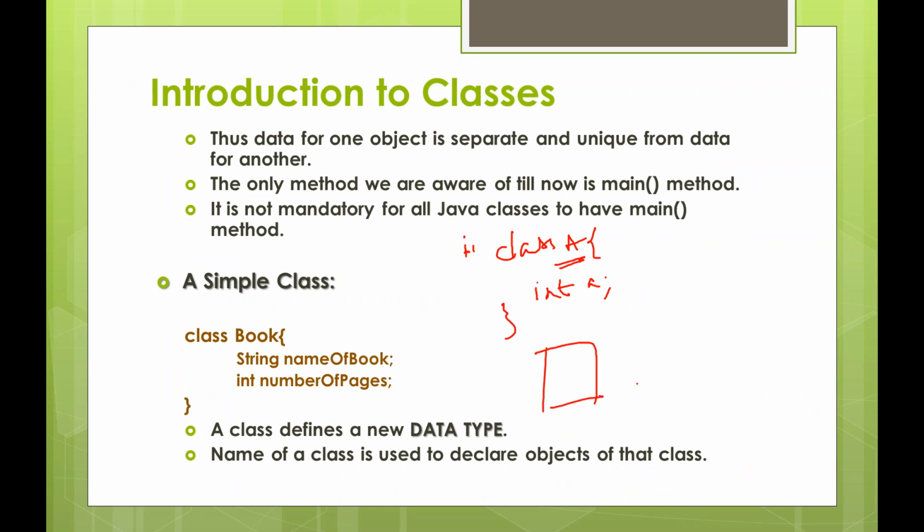You can give different names, say obj1 and obj2. These two are objects of type A. This is one object, this is another object. We will see how those objects will be created. When we say each object will have its own copy of the instance variable, this is our instance variable.